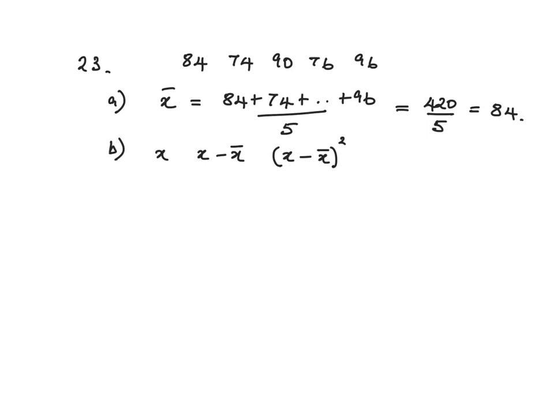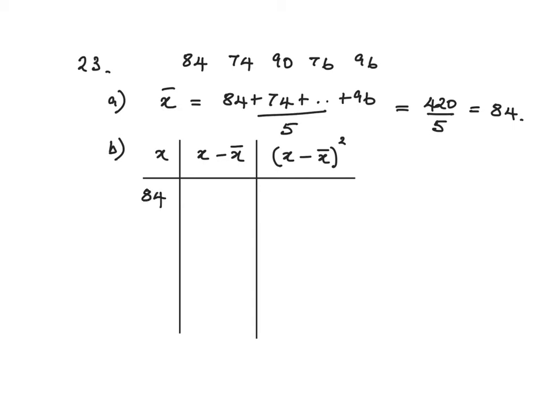So 84, 74, 90, 76 and 96. We subtract x bar, which is the mean, the value 84 from each of these.